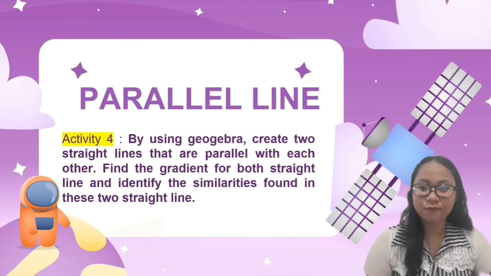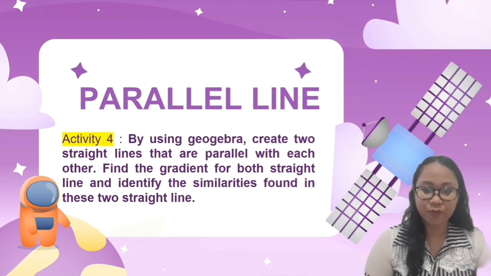The instruction for activity 4 is, by using GeoGebra, create two straight lines that are parallel with each other. Find the gradient for both straight lines and identify the similarities found in these two straight lines.